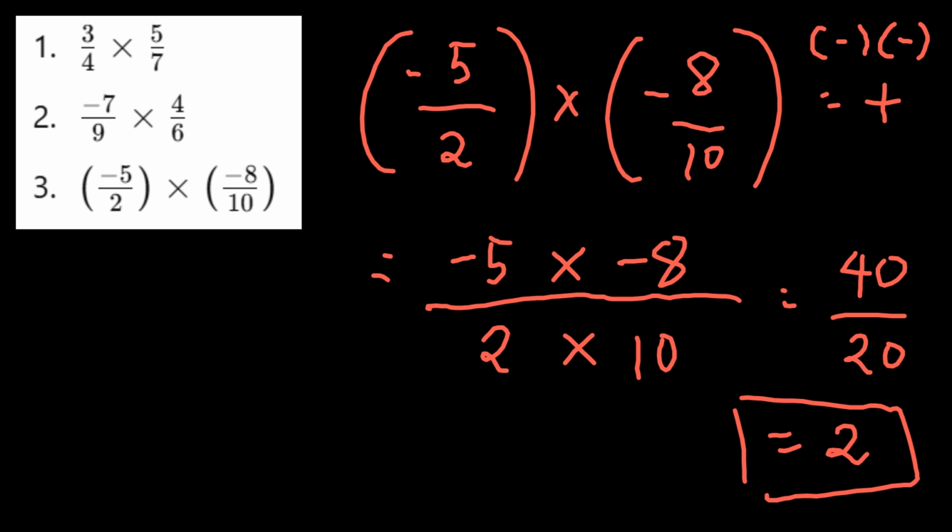And then simplify. That means you reduce the resulting fraction to its simplest form. And how will you do that? You will do that by finding the GCF, the greatest common factor, not denominator, the greatest common factor.